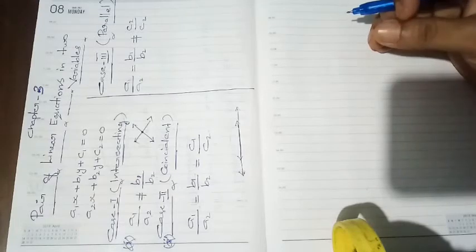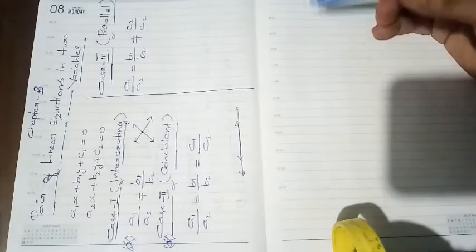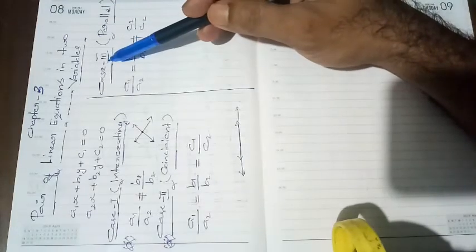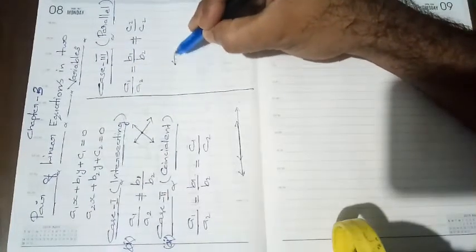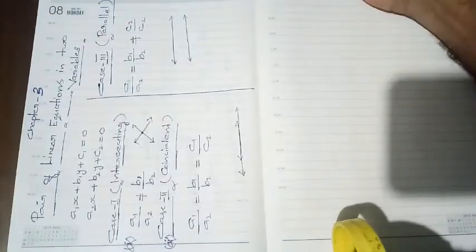is dependent consistent. Okay. And similarly in the third case, that is the two lines are parallel, the graph is like this, two parallel lines.